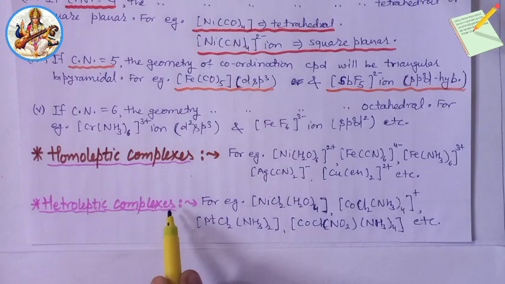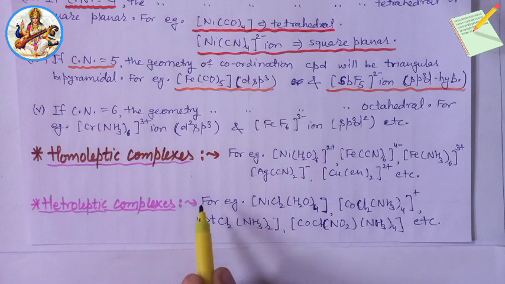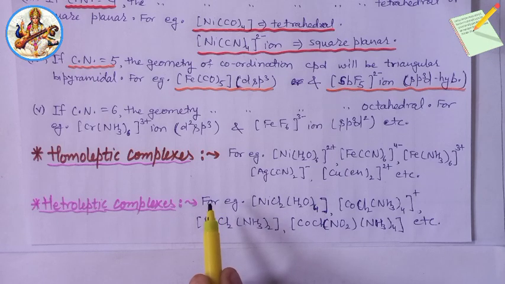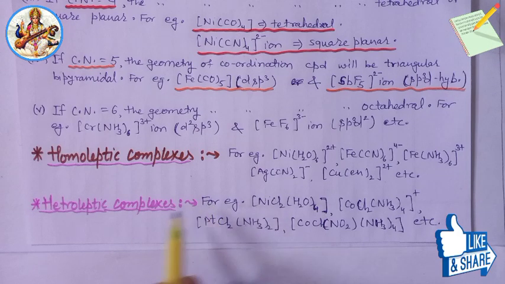Now, heteroleptic complexes. The complexes in which the central atom or ion is attached to more than one type of donor group are called heteroleptic complexes.